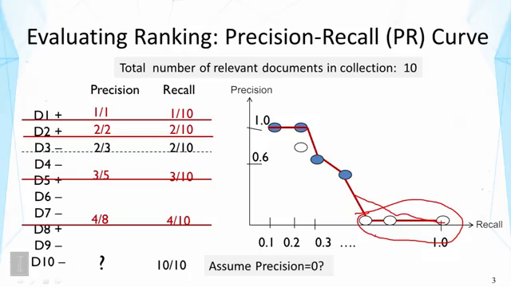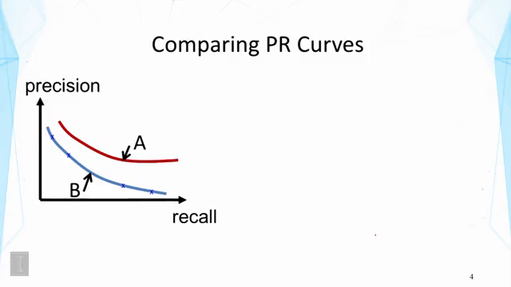Okay, so now that we have this precision recall curve, how can we compare two ranked lists? Right, that means we have to compare two PR curves. Here I show two cases where system A is shown in red, and system B is shown in blue with crosses. Which one is better? I hope you can see that system A is clearly better.